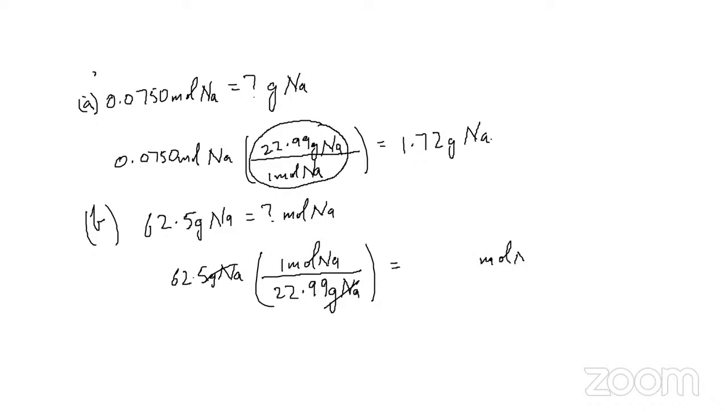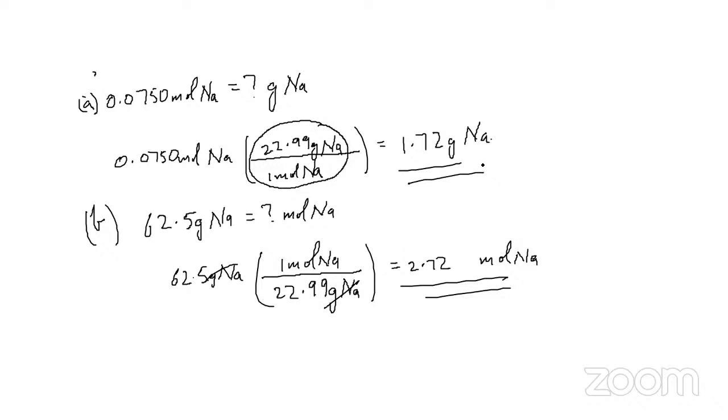When you do the number crunching, you divide 62.5 by 22.99. According to my calculation, this works out to be 2.72 moles of sodium. And that's basically how that is done.